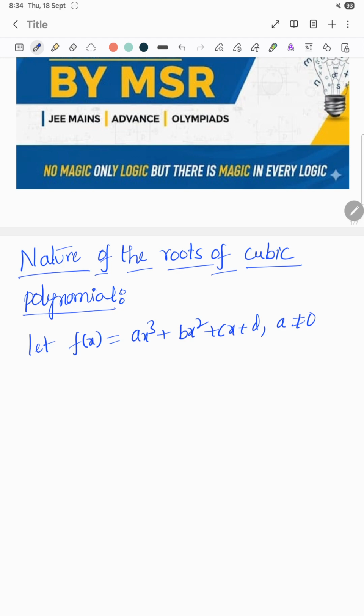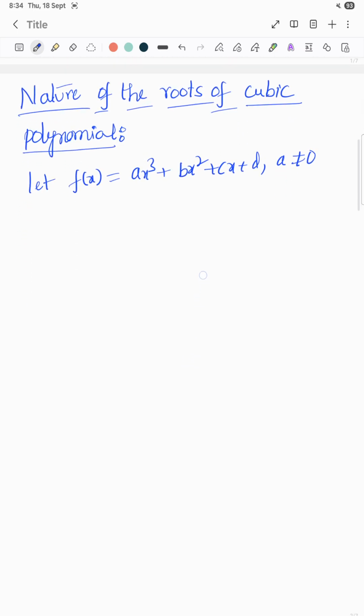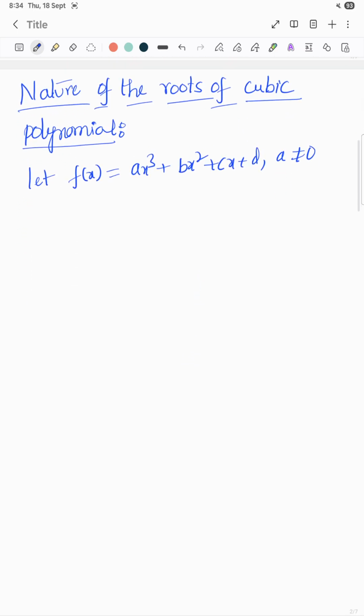Here, before going to discuss the nature of the roots of cubic polynomial, let us discuss what is the nature of the polynomial when a is greater than 0. In general, what is its graph when a is greater than 0, and what is its behavior when a is less than 0, that is the leading coefficient.